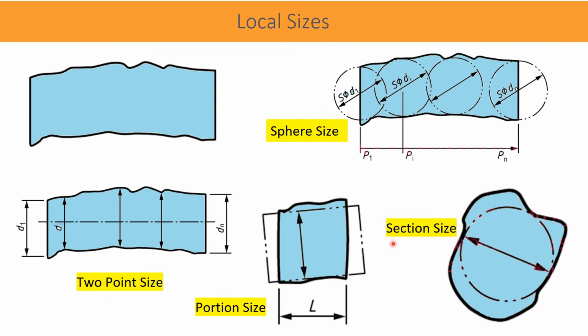In the case of section size also, a section is cut at any location but should be perpendicular to the axis of the feature. Portion size is measured at the specified length and location of the feature.